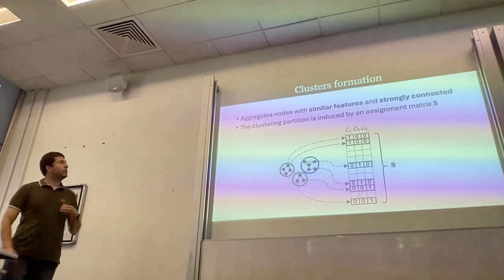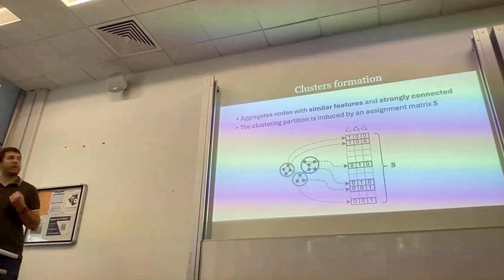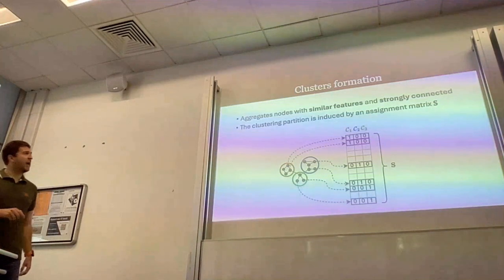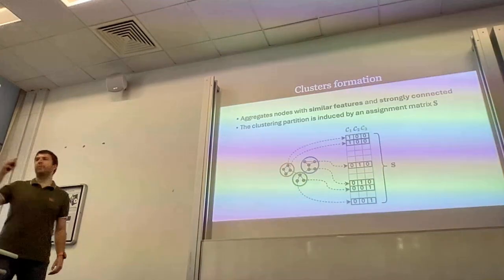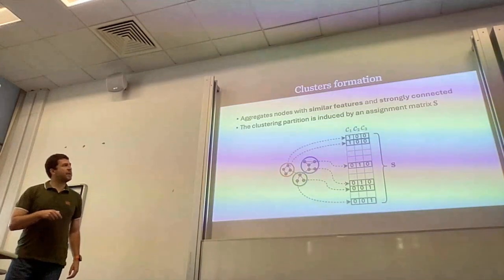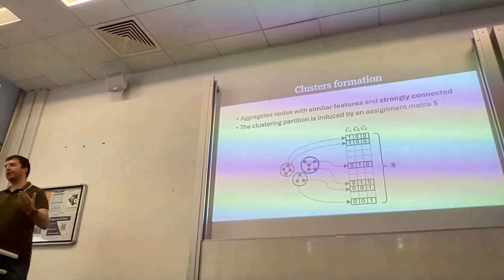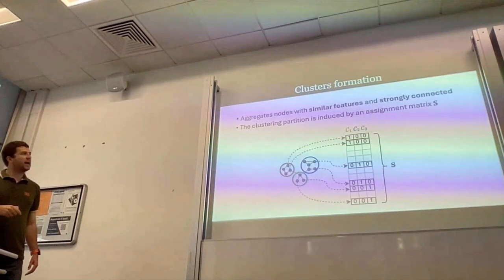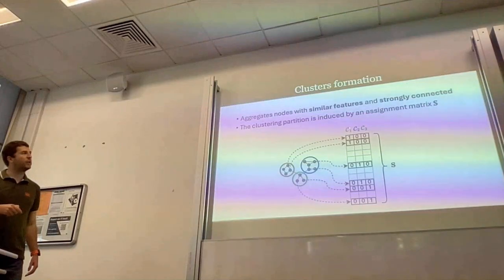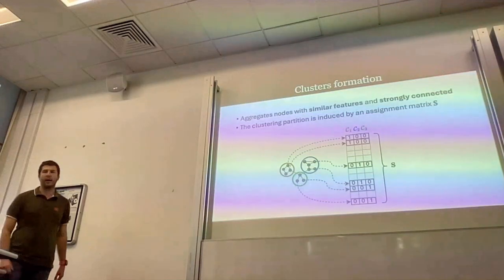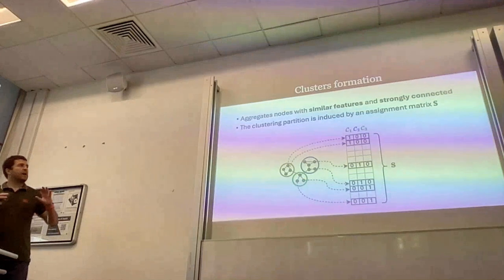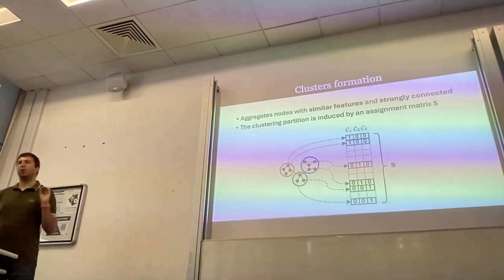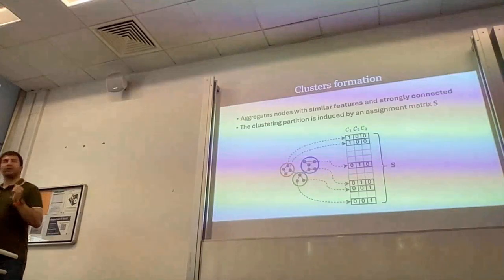To describe this partition, we can use a matrix S like this, which has as many rows as the number of nodes and as many columns as the communities or super nodes of the graph. Each row here assigns one node to a specific cluster. This is a hard cluster assignment, meaning that the entries can only be ones or zeros.